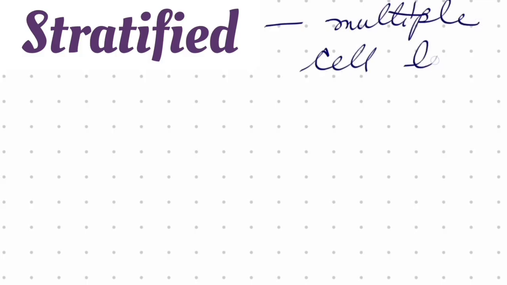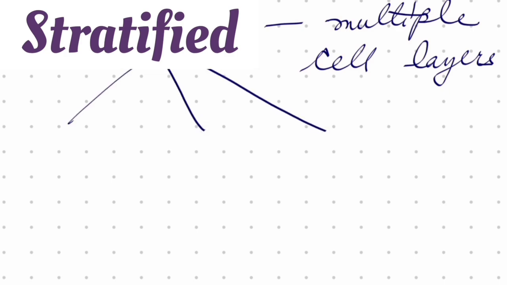Now let's come to the stratified. So by definition, it means that multiple cell layers. Just as in the simple epithelium, here also the classification varies based on the shape of the cell.